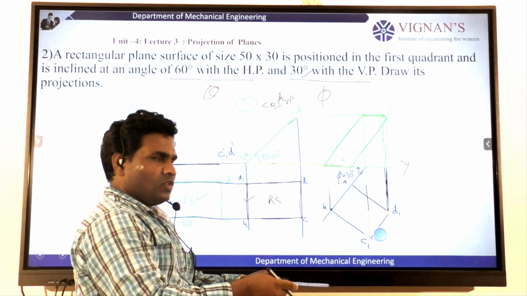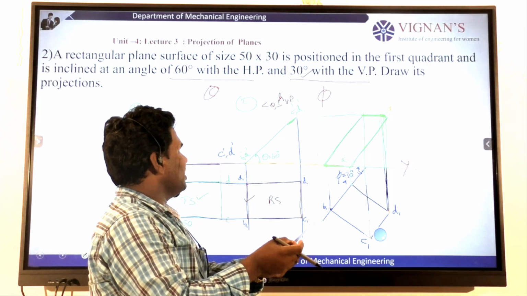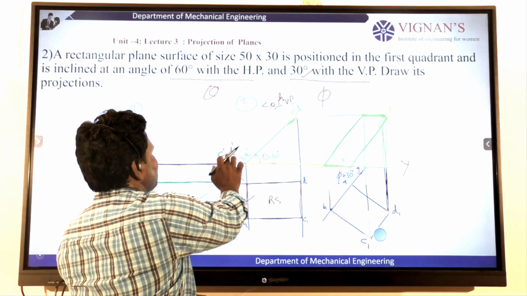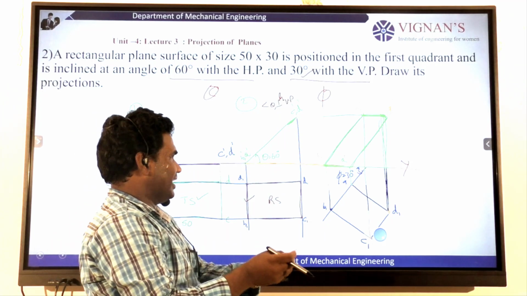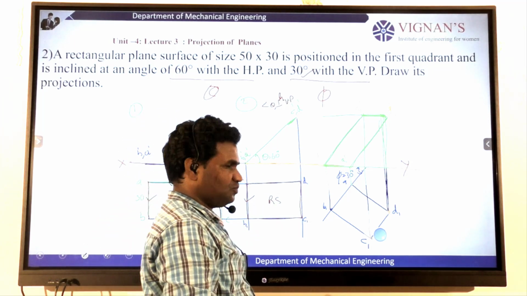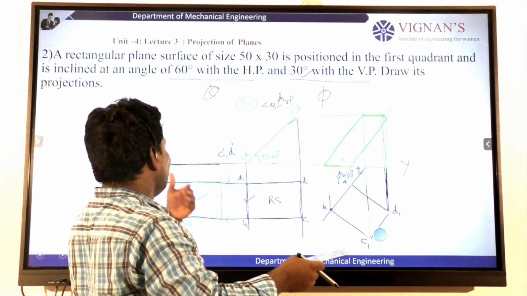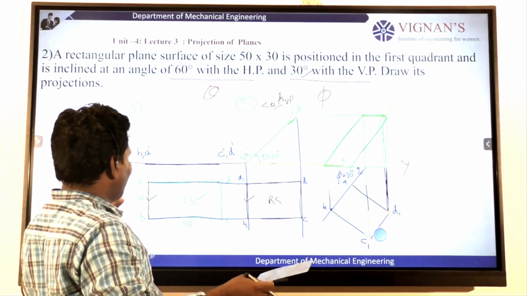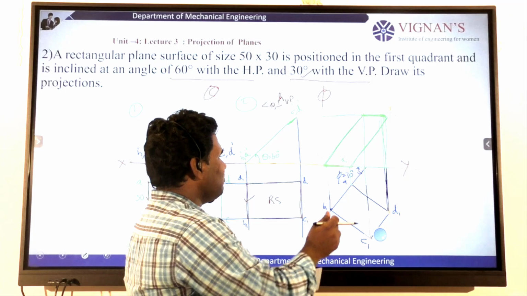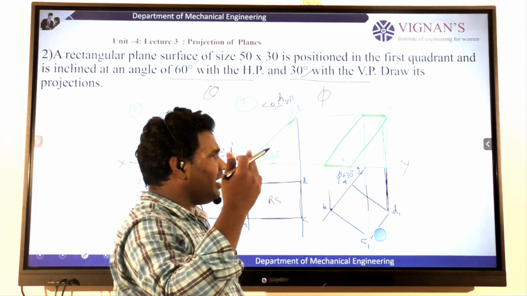In the second step, the plane is tilted like this to the required inclination of 60 degrees. The same length line B dash A dash to C dash D dash makes an angle of 60 degrees like this. In the top view we observed a reduced shape and reduced size. And in the third step, the edge which remains the same in length and perpendicular in both steps, we keep that edge at 30 degrees to the XY line, that means 30 degrees to the VP.